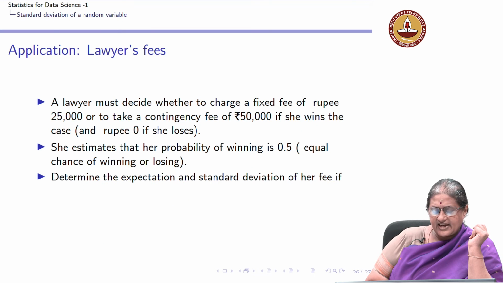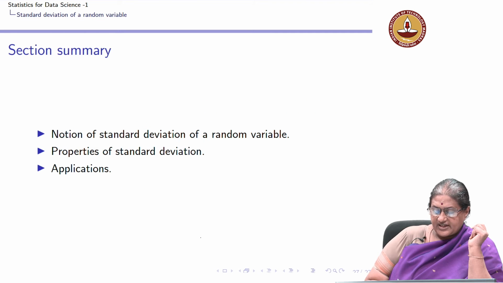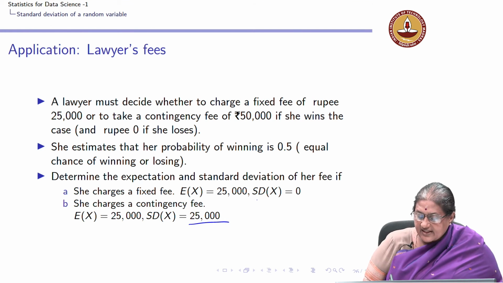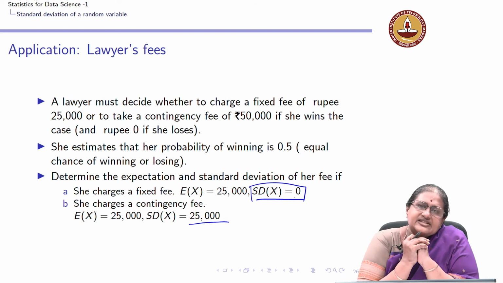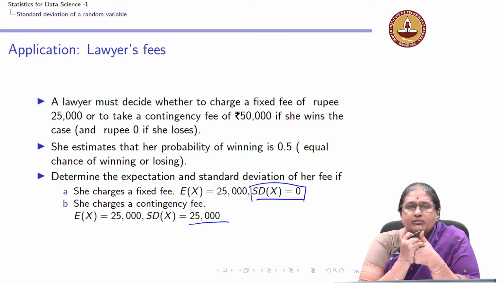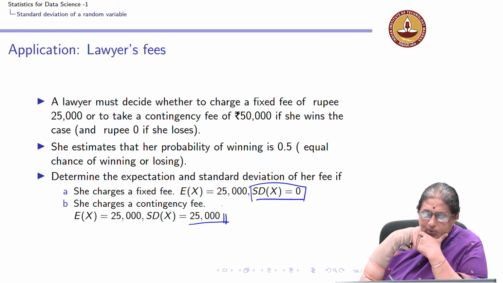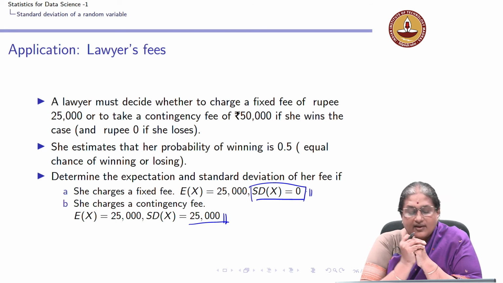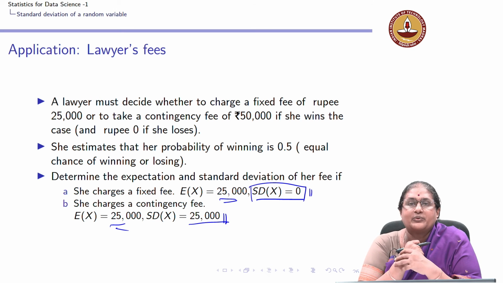I can check that the standard deviation of Y is equal to 25,000. So if I am measuring the risk of me losing money with standard deviation, then I can see that option 2 has a much higher risk than option 1, though in expectation, both of them return the same value.